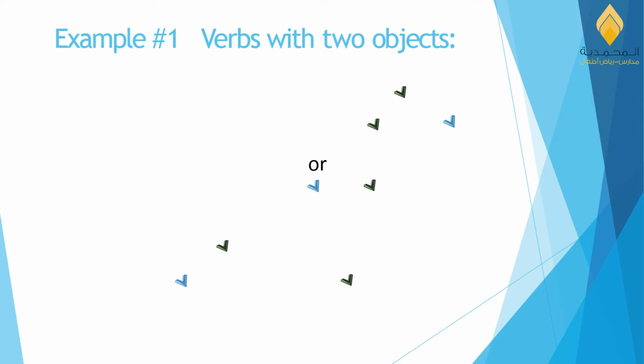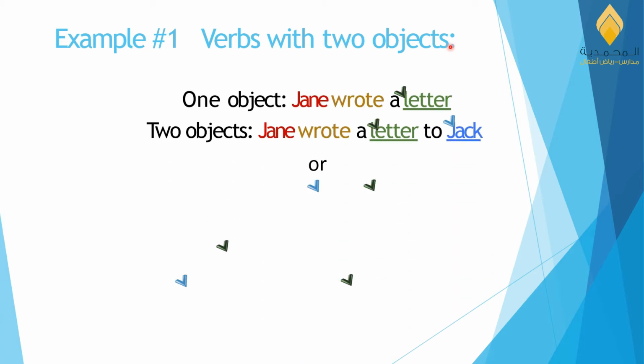Another example that I would like to discuss are verbs with two objects. Let's have a look at some examples. Jane wrote a letter. This is a sentence with only one object, which is a letter. If we look at the second example, Jane wrote a letter to Jack.